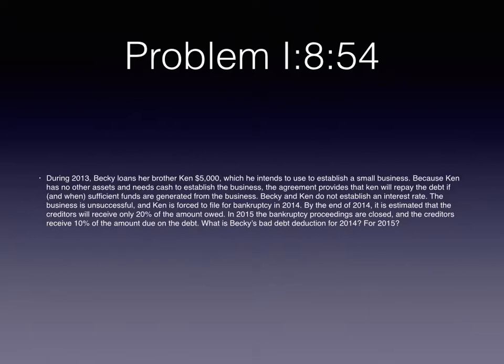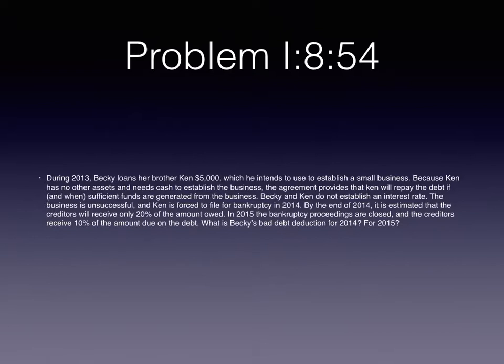Well, some of the information at the tail end of the question is a bit of a red herring, because what we first need to do for non-business bad debt, since they are related, is determine if there was ever really a creditor-debtor relationship established. In this case, apart from the fact that Ken is Becky's brother, the most relevant piece of information is that they do not establish any type of interest rate.